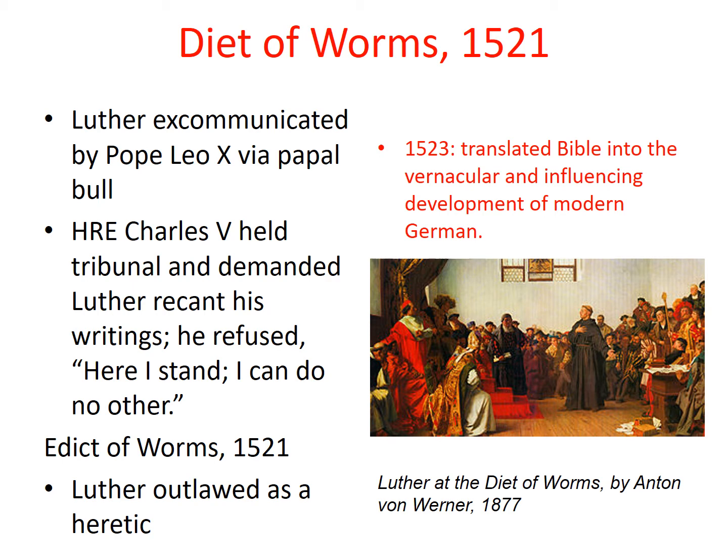In 1523, after Luther was able to be smuggled away from Worms and kept safe by Frederick of Saxony, he will continue to work translating the Bible into the vernacular German, influencing the development of the modern German language that we still have today, and continuing to publish other works from that point under the protection of Frederick of Saxony.